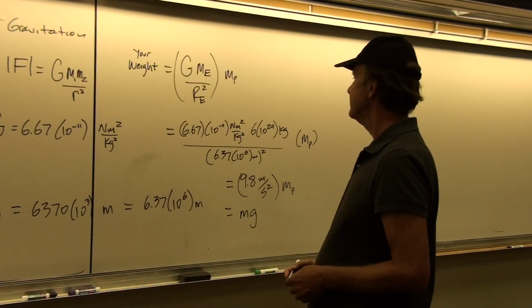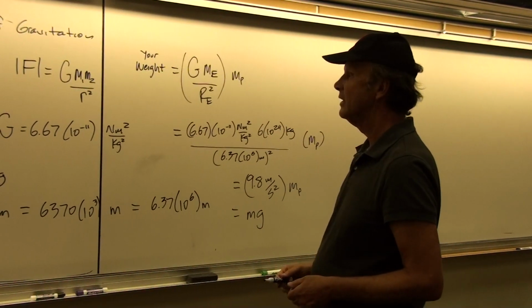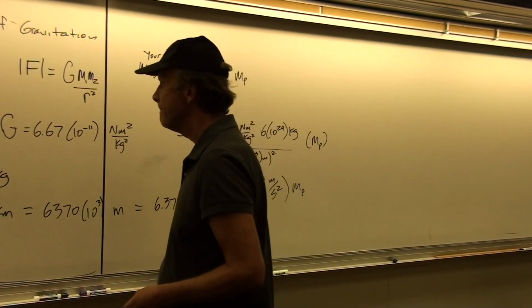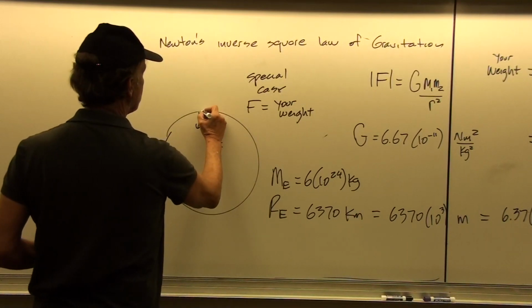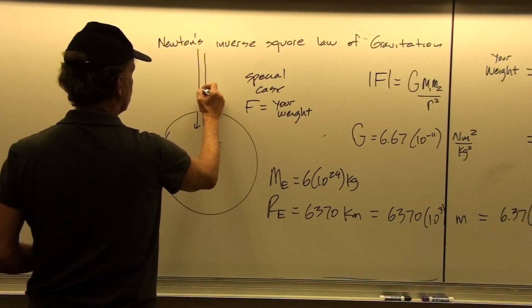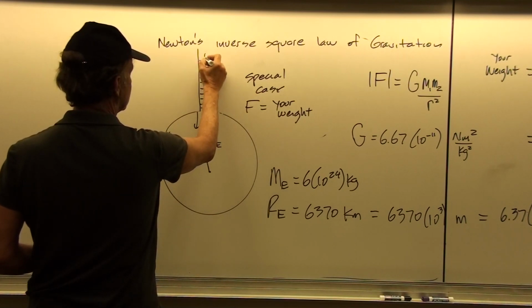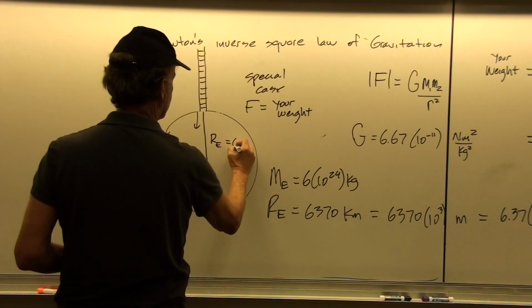What this tells us is that if we were to go a certain distance away from the Earth, let's say you could climb a ladder, and that ladder were the radius of the Earth, which is about 6370 kilometers. That's about 4,000 miles.